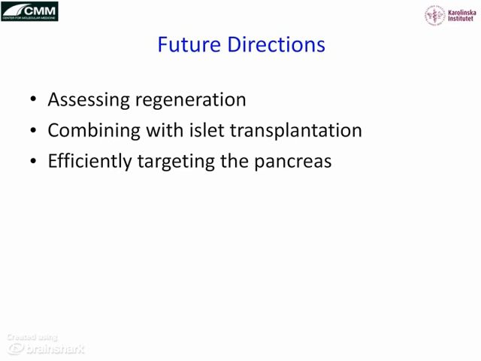Lastly, it will be good to make sure that you get as many cells as possible into the pancreas and not find the cells elsewhere in the body, and we're working towards developing more efficient targeting strategies together with collaborators.